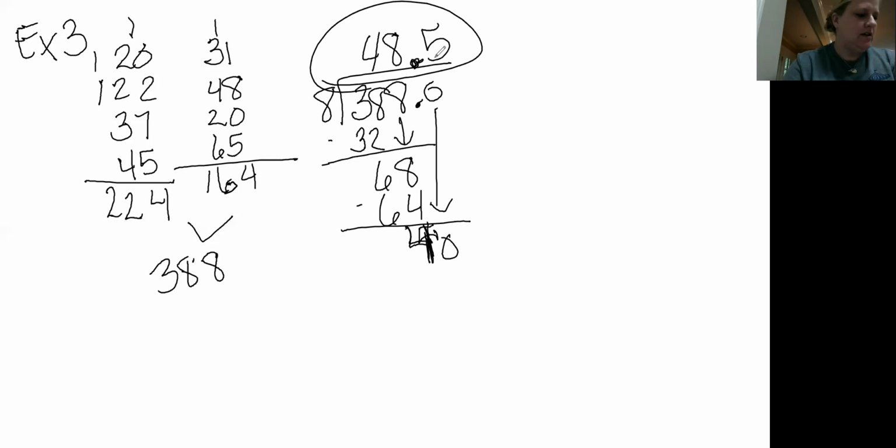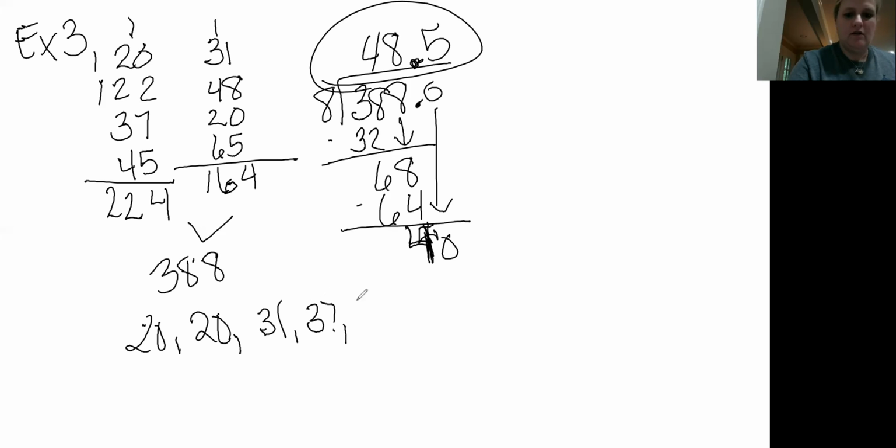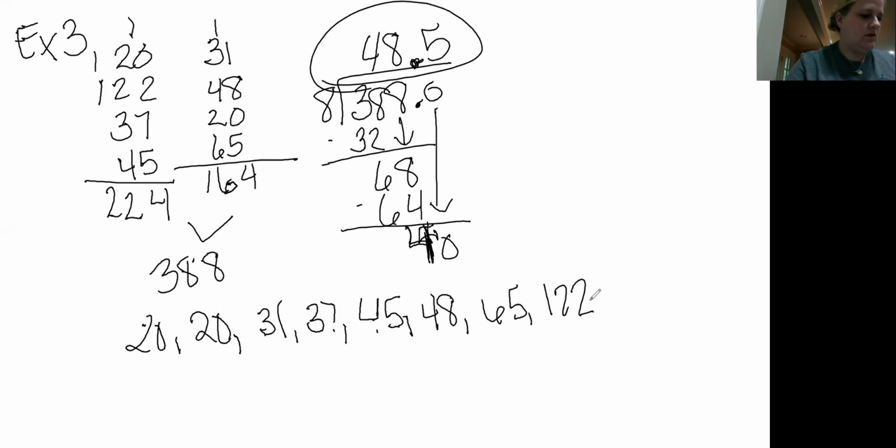Let's look at finding the median. So for the median, remember, we're going to list them in order from least to greatest, work our way to the middle. So we've got 2 pairs that are 20, and those are the lowest. 31, 37, 45, 48, 65, and 122. 1, 2, 3, 4, 5, 6, 7, 8.